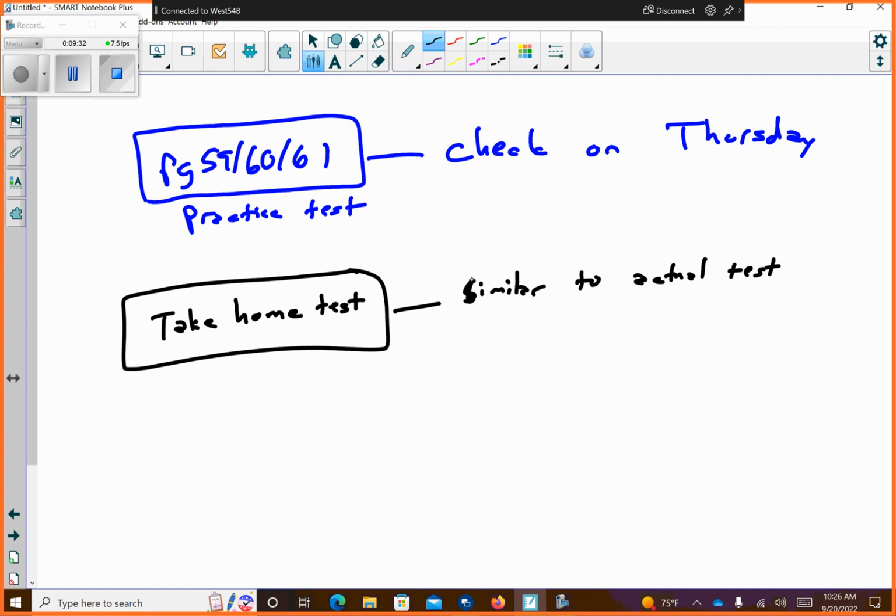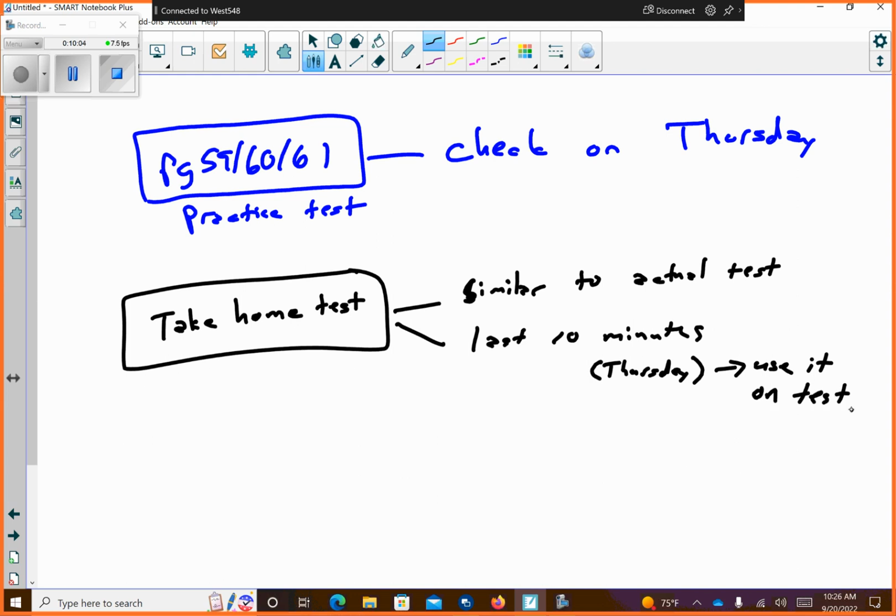All right, so similar to the actual test, meaning between today and tomorrow, we can also work on that. And then the last 10 minutes on Thursday, you can use it on the test.